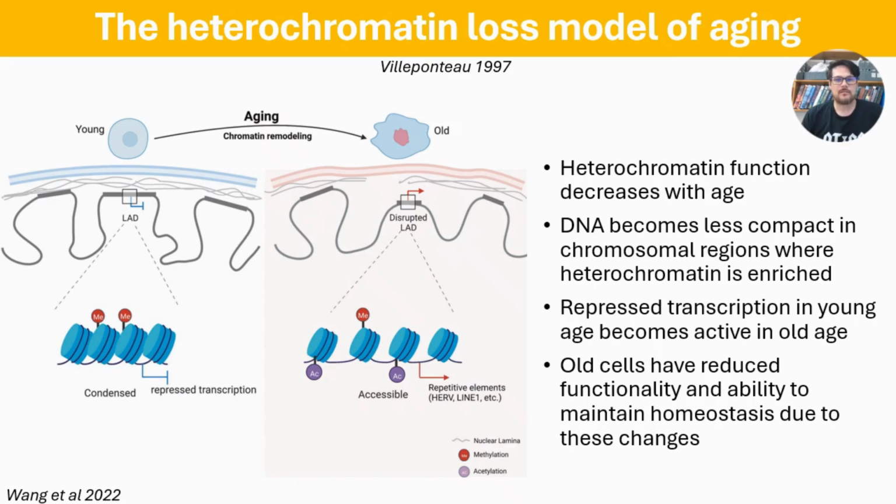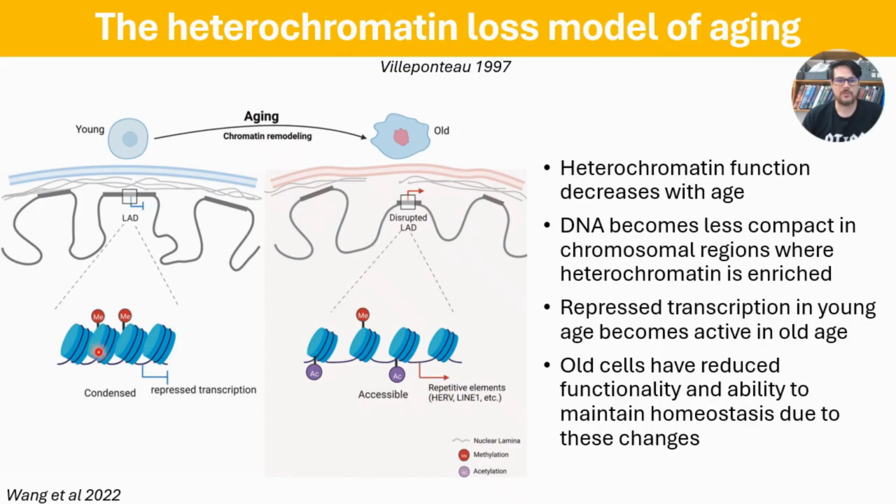So to start, I just wanted to mention this theory that was proposed where as cells age in an animal, they lose heterochromatin. Now, heterochromatin is the chromatin state which is more condensed and limits transcription.